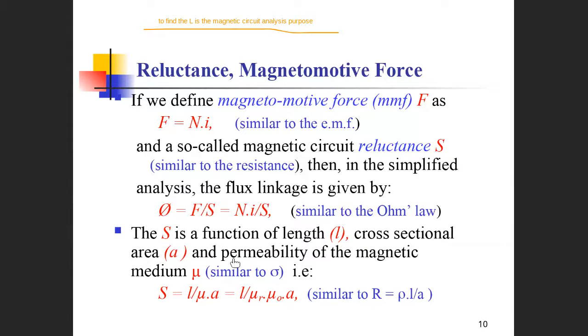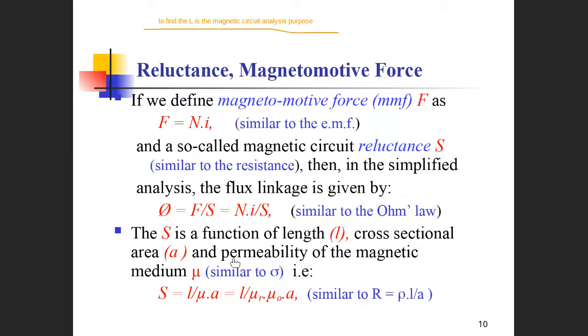It is very similar to the conductivity of conductors. For each conductor, we have the resistance, therefore we have the conductivity. So conductivity represents the capability of the conductor to let the current go through.